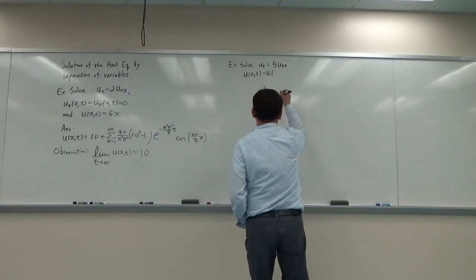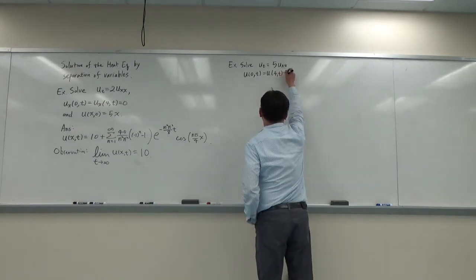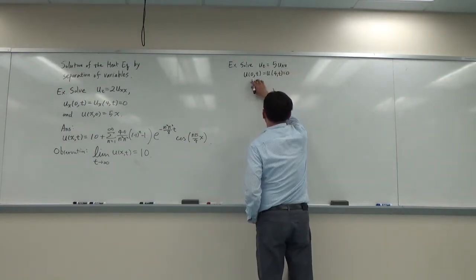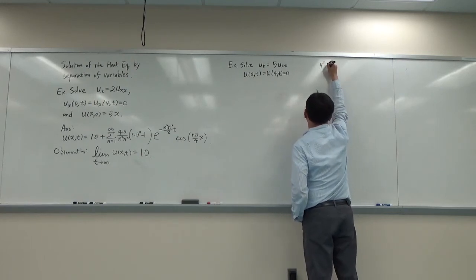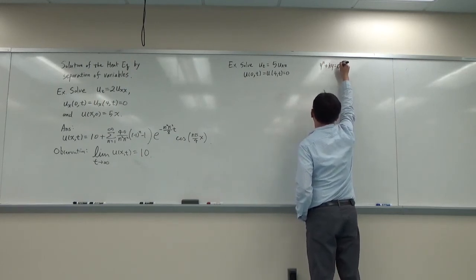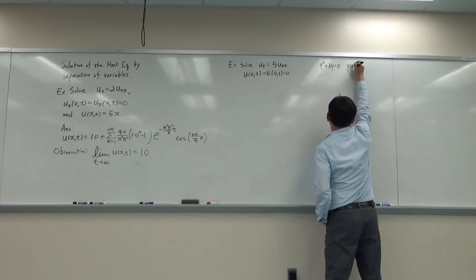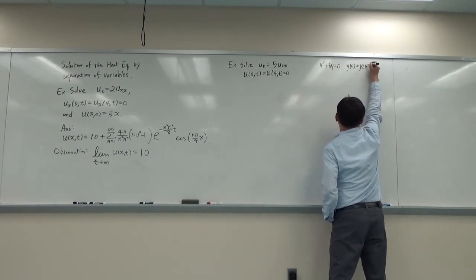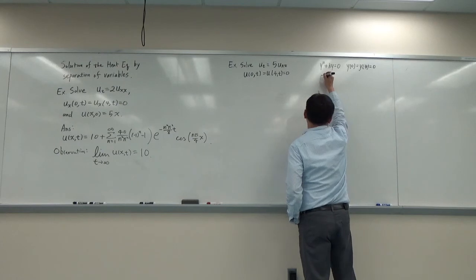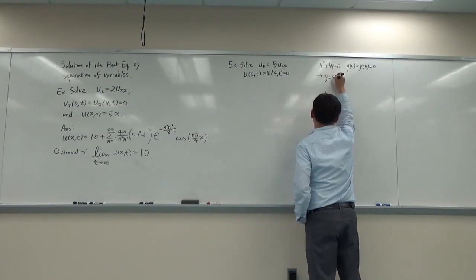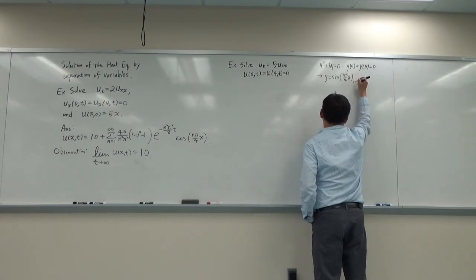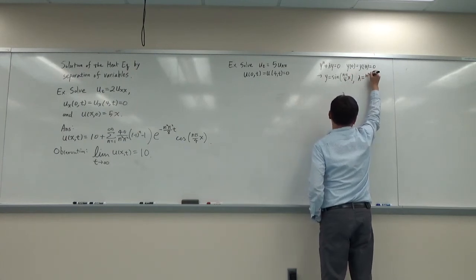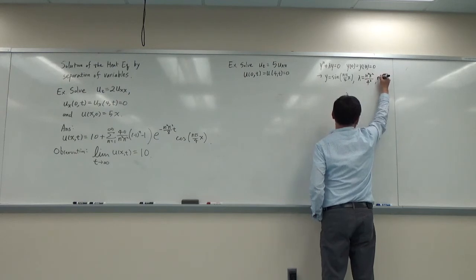So u(4,t) equals 0. And the reason I like this is because last time we did the following: y double prime plus lambda y equals 0, with y(0) and y(4) equal to 0, gave us y as sine of n pi over 4 x, and lambda would be n squared pi squared over 4 squared, where n starts from 1.